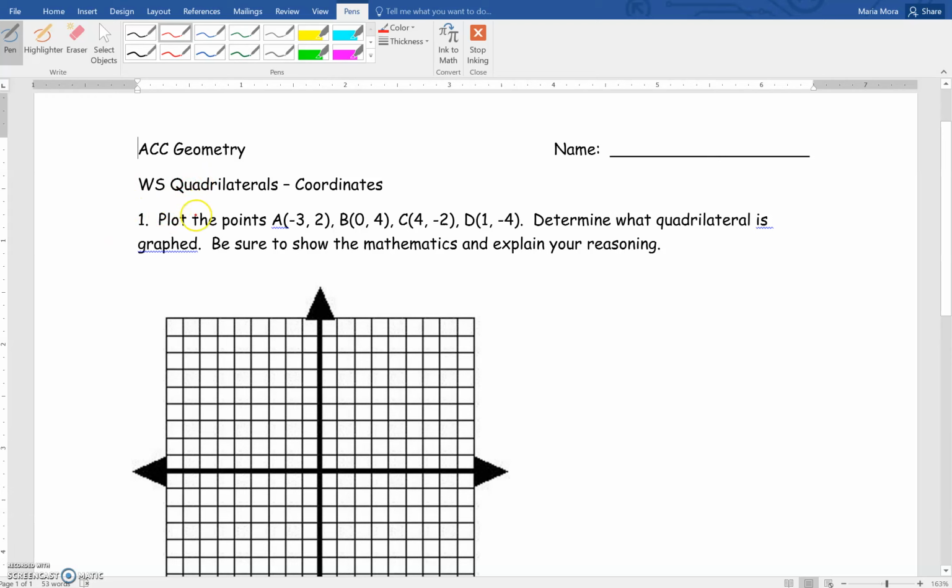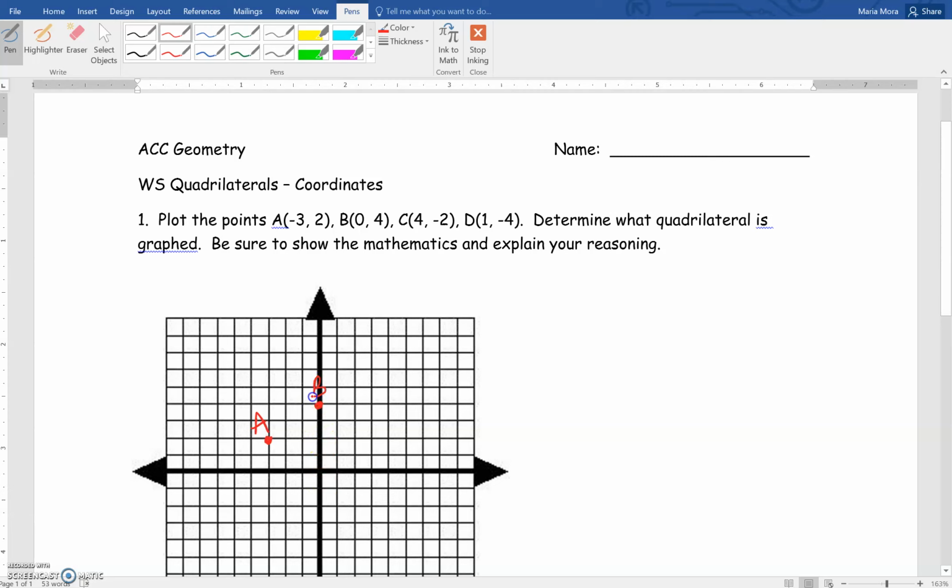So the first thing it says is to plot the points. So I'm going to go ahead and plot the points on the graph and I'm going to plot -3, +2. A 0, 4, 1, 2, 3, 4.